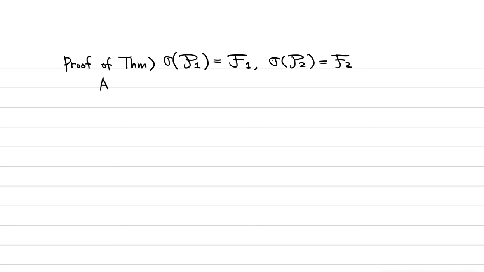So A2, let's say it's an element of P2. And let L be all the events in F1 that are independent of A2. Also, all of this is based on a single sample space.